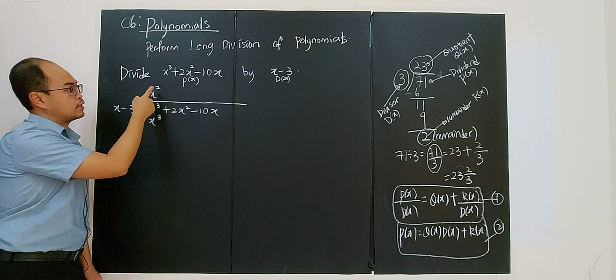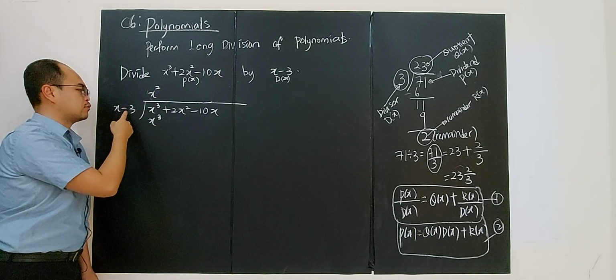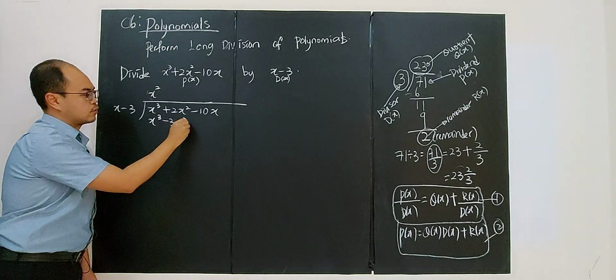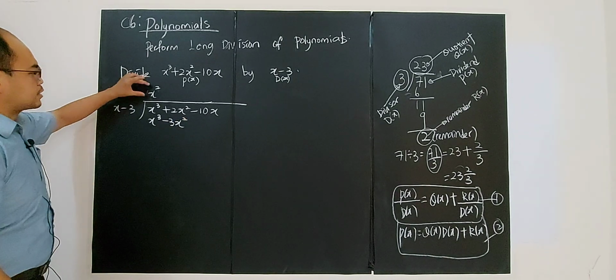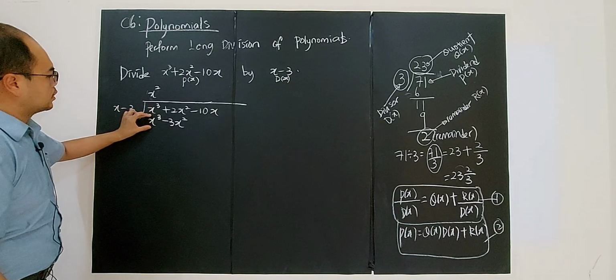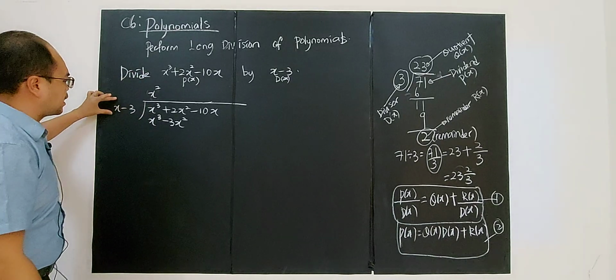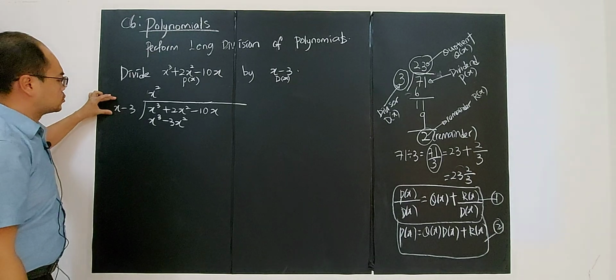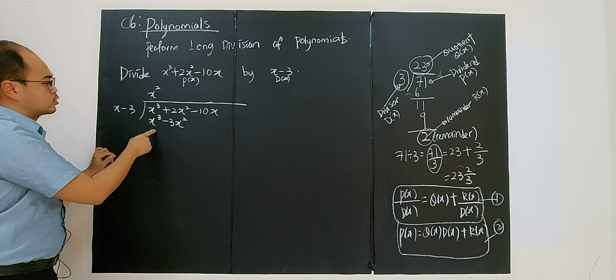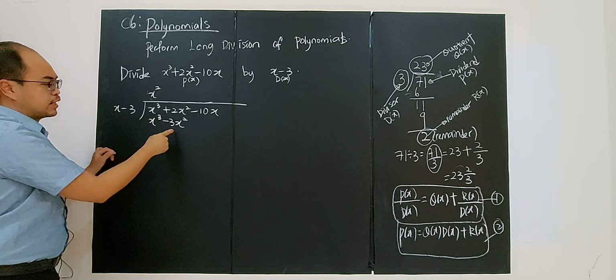That's why you choose x squared. The x squared has to be multiplied by negative 3 as well, so you have negative 3x squared. To get x cubed, you need an x squared multiplied with the leading coefficient here.